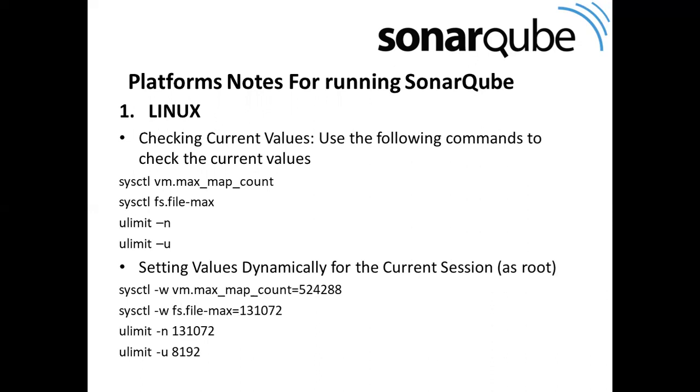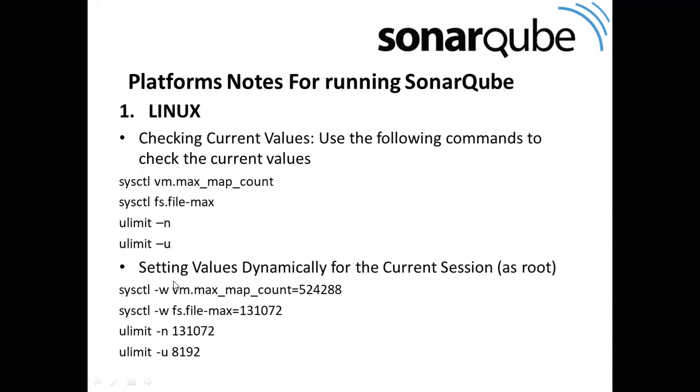For checking the current values, you can use these commands: sysctl vm.max_map_count, sysctl fs.file-max, ulimit -n, ulimit -u. These are for checking the current values.